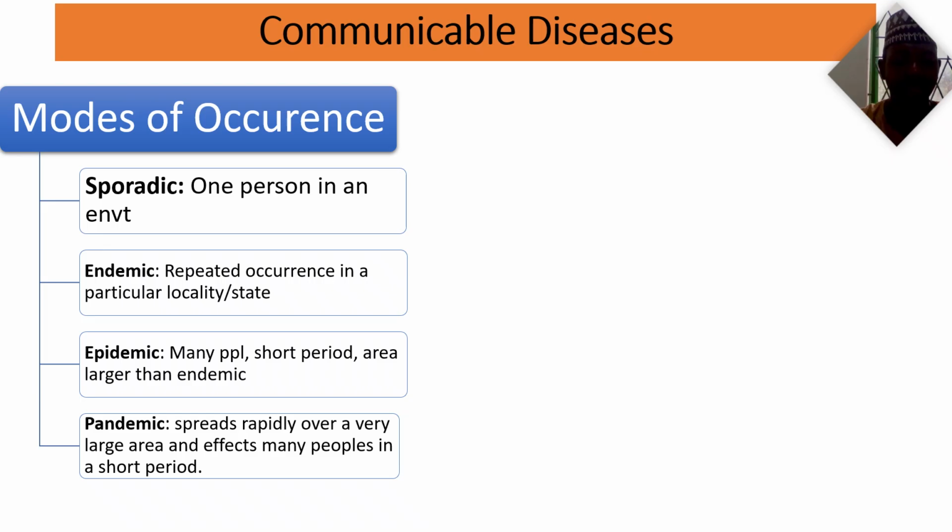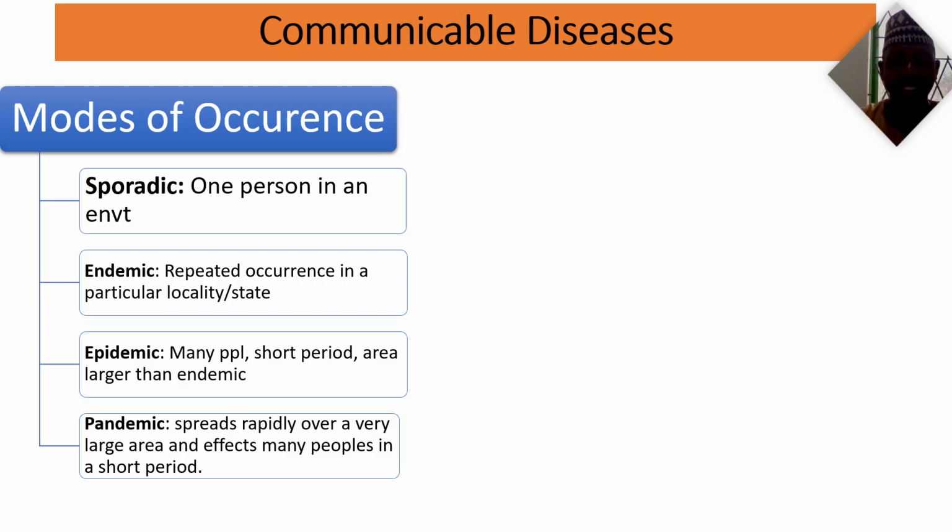A good example of pandemic diseases is coronavirus disease, which spread almost affecting all countries in the world. Now, these are the forms in which communicable diseases occur in our environment: sporadic, endemic, epidemic, or pandemic.